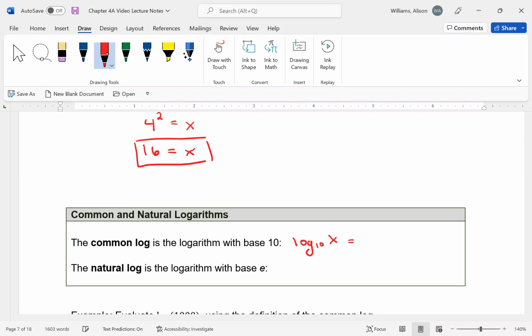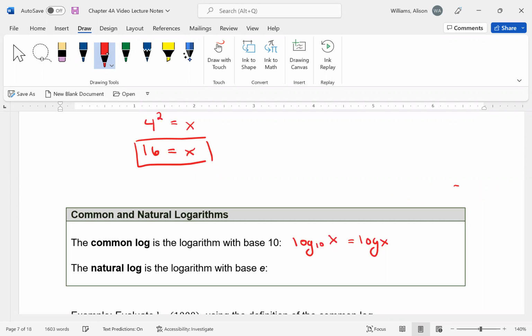It happens so frequently that they stopped writing base 10. They just wrote log of x. And everybody knows in mathematics, that's base 10. So if you see log of 5, that means log base 10 of 5. That's what that represents. But the base is so common, happens so frequently, they just stopped writing it. They got really lazy and stopped writing it. And it's referred to as the common logarithm.